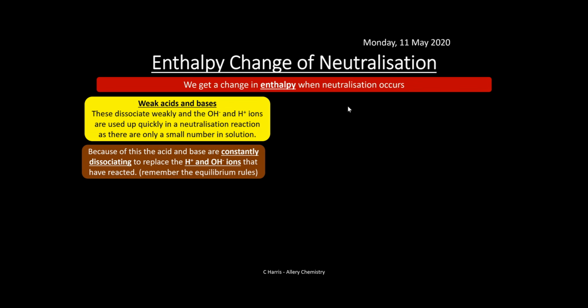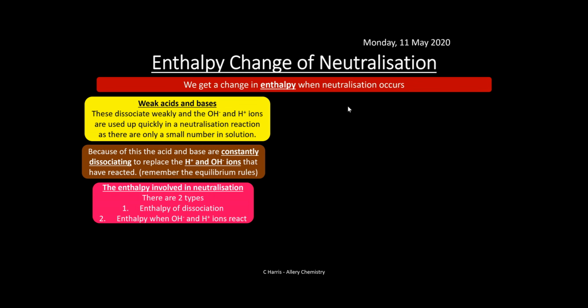Because of this, the acid and base are constantly dissociating to replace the H+ and OH- ions that have reacted. This is Le Chatelier's principle about equilibrium: if we lose some of the H+ and OH- ions to reactions, then they'll be replaced by further dissociation of your acid or your base.